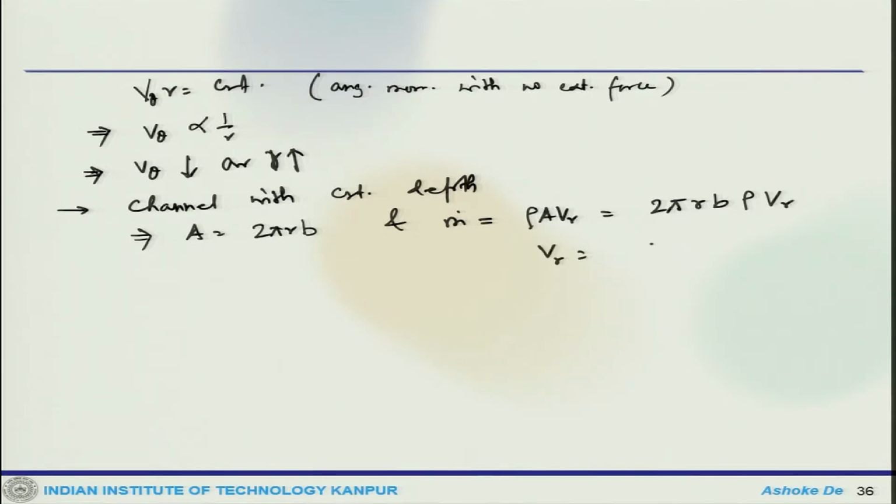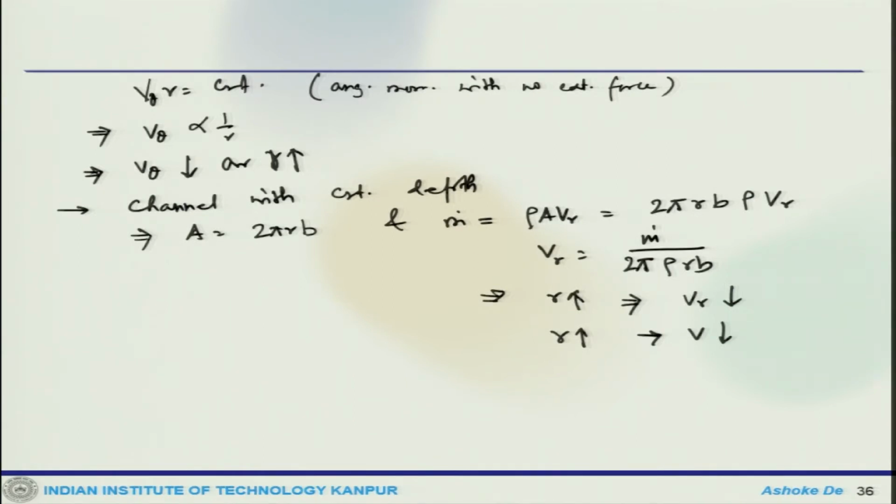So, one will get V r is m dot divided by 2 pi rho r B. So, now here again you can see if r increases, this will get you that V r decreases. So, the radial component of velocity also decreases from impeller tip to diffuser inlet, and also when r increases, overall V also decreases.